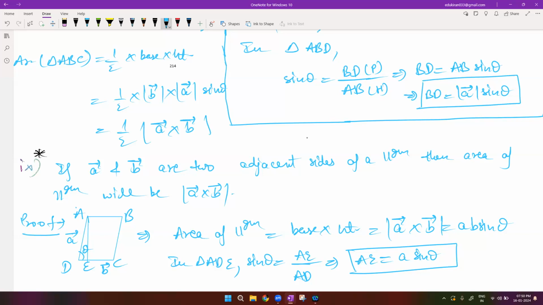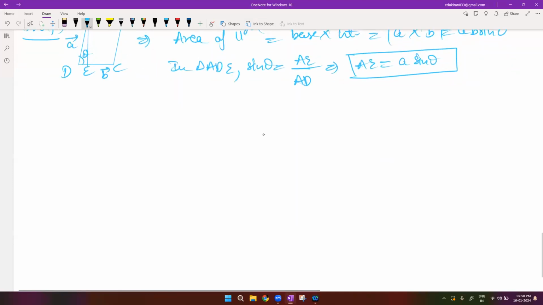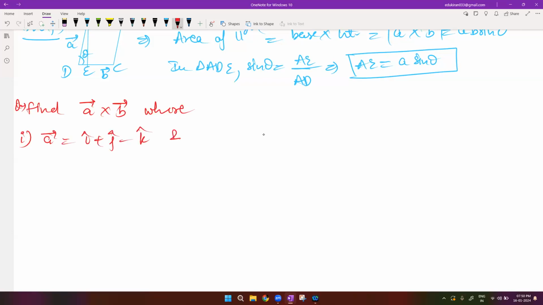So let's first of all find out some vector products of two vectors. If you're good with determinants, then it is not a tough task. Find A cross B where A is equal to i plus j minus k and B is equal to 2i minus 4j plus 3k.